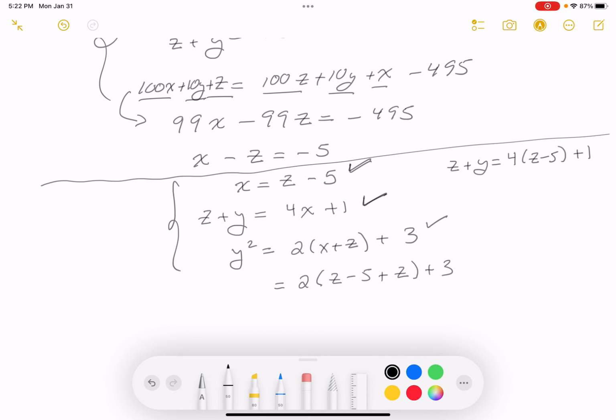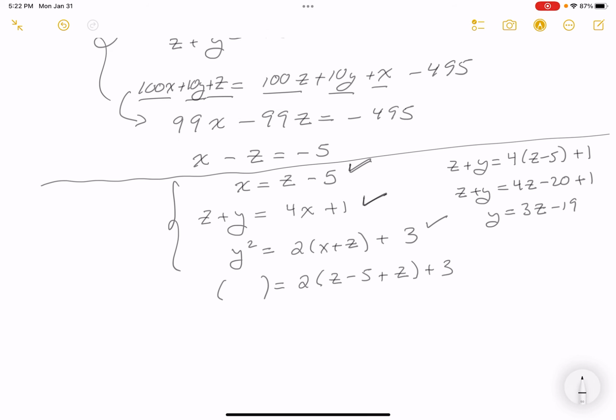Again, I'm working with these three equations over here. And let's see what you get over here. You get z plus y equals 4z minus 20 plus 1. And y would equal 3z, right, I'm taking z from both sides, minus 19. So I'm going to write that down. And so y, which I have to square, is actually 3z minus 19.